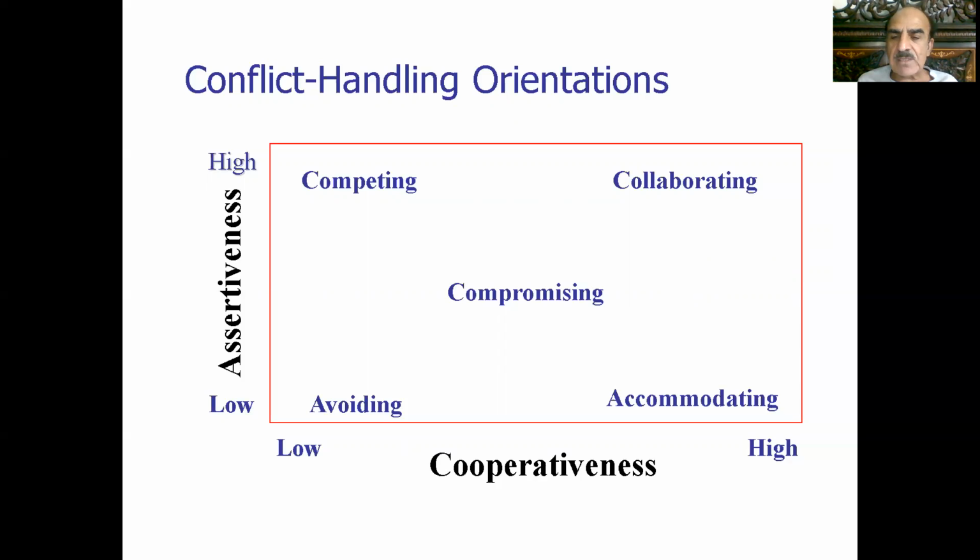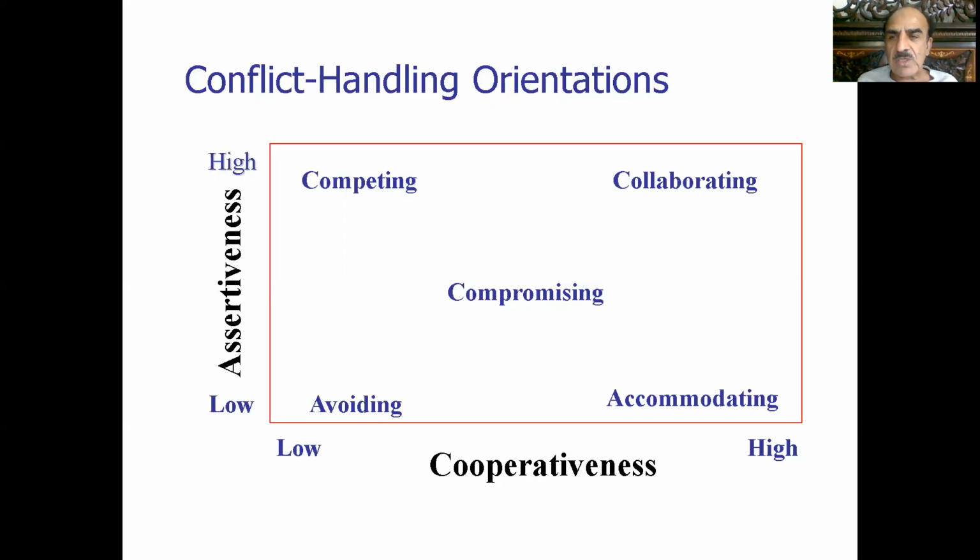If we go on the horizontal axis, we see that a high level of cooperativeness would lead to accommodating each other and trying to resolve the problem. In this kind of situation, it is very easy to deal with the conflict if the parties are ready to cooperate with each other, and these conflicts are resolved amicably and very soon.